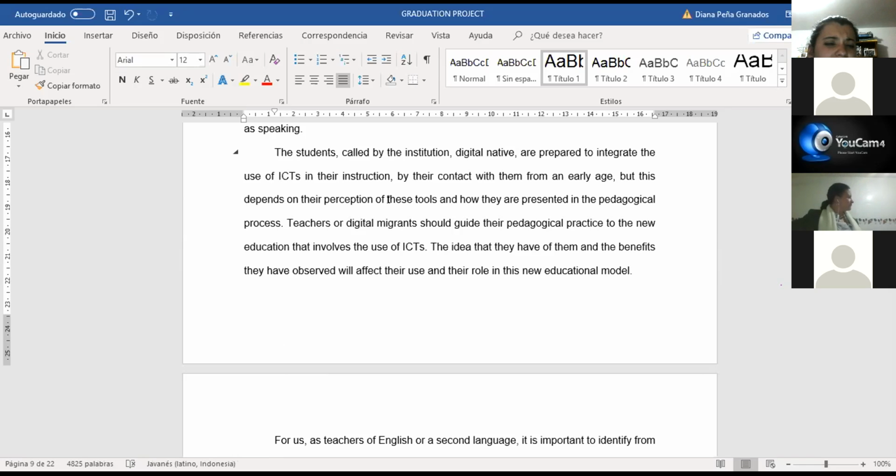There is even an article in the law that says that ICTs should be present in the educational context. But one of the things you can write in the rationale is that despite the fact that the ICTs have been implemented, there is no previous research in the school to explore its benefits or its use. So that's why you consider it important to carry out this project, right?